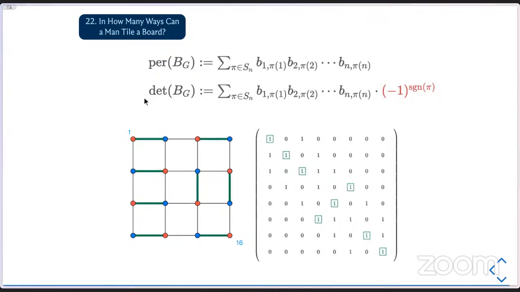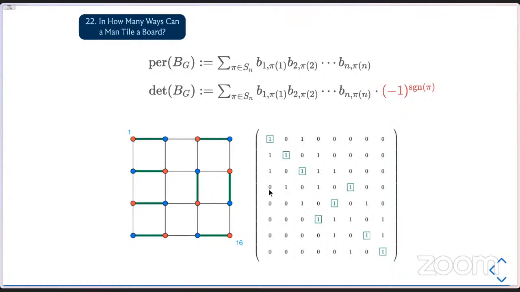Here's this matching here. I've just changed two of these lines that were parallel to the x-axis to now be parallel to the y-axis. So that corresponds to a slightly different permutation back in the matrix. And now notice that this permutation is basically one transposition, right?